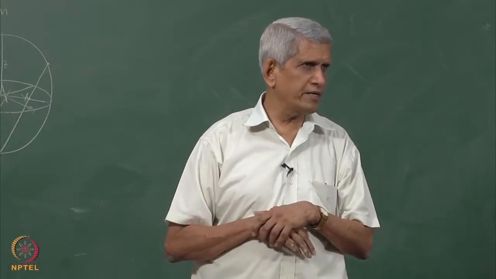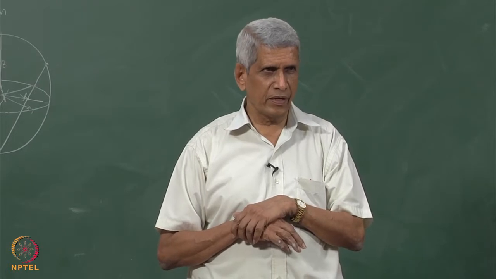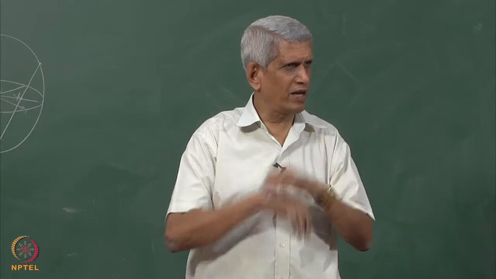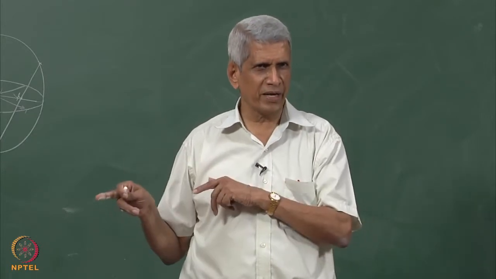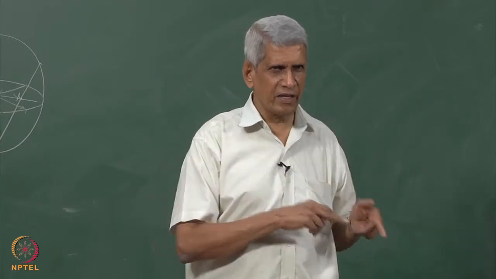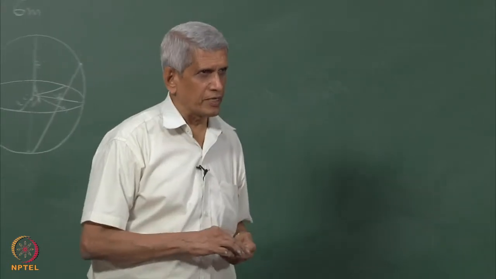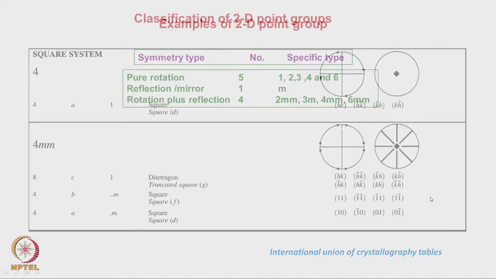For example, a tetrahedron, what is the symmetry? It belongs to cubic, correct? You take a cube, and if a crystal goes into that shape, that also will have cubic symmetry, but the shapes are different. A tetrahedron is not the same as a cube, but both can exhibit the same symmetry. So what is being shown is the types of surfaces it can have and the symmetry associated with them. That information is also given in these tables.